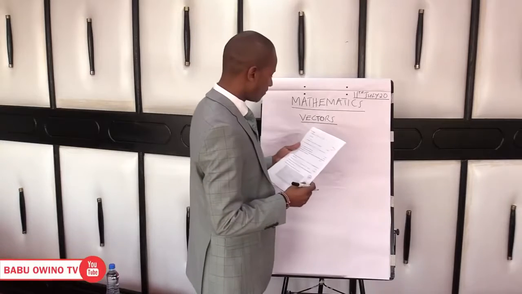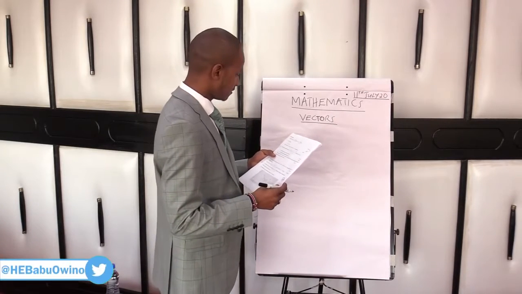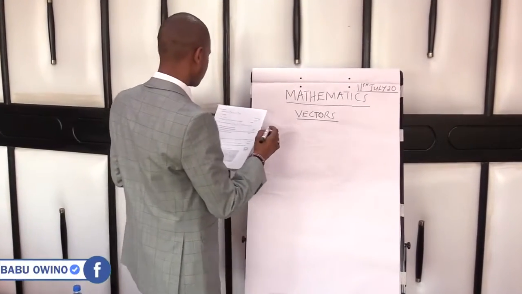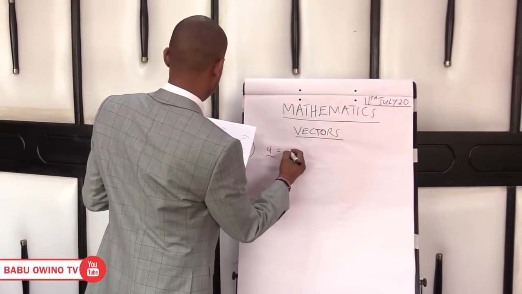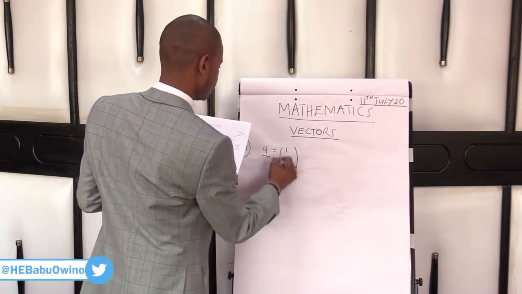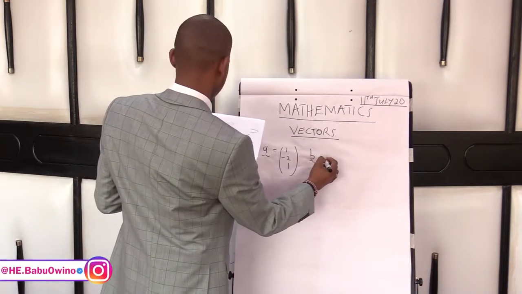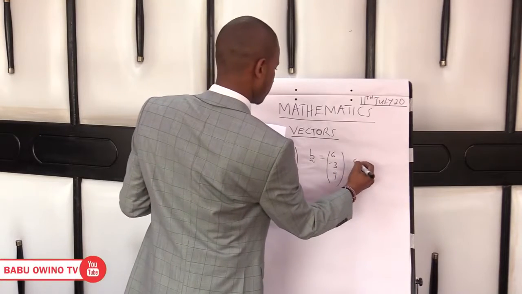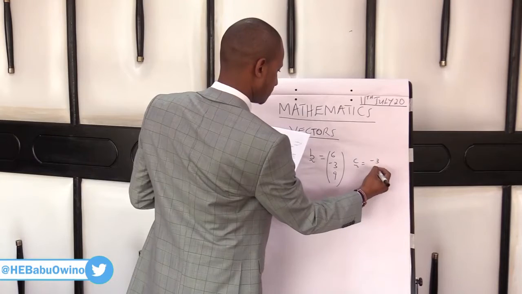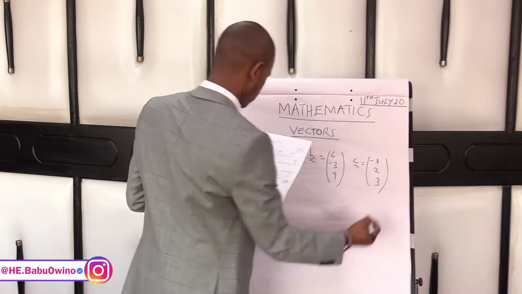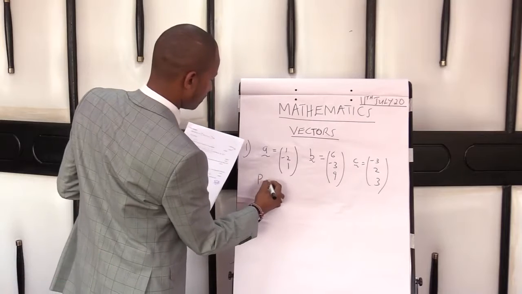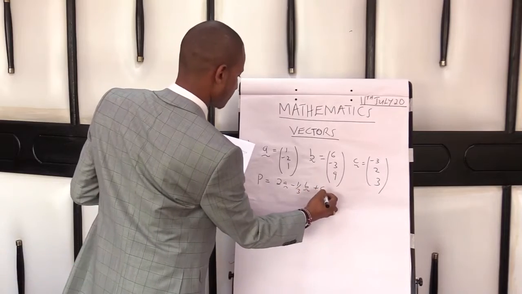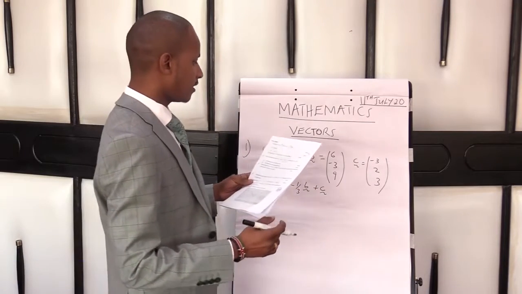So on to our first question: given the column vectors A equals (1, -2, 1), and B equals (6, -3, 9), C equals (-3, 2, 3), and that P equals 2A minus a third B plus C. Then you are told to express P as a column vector.